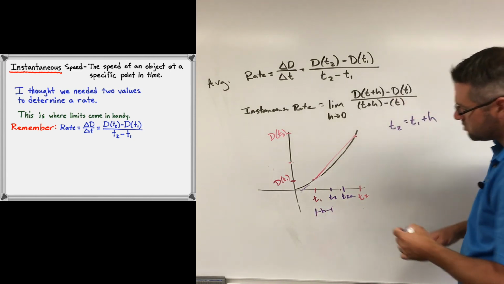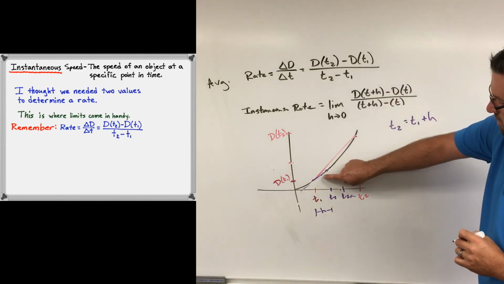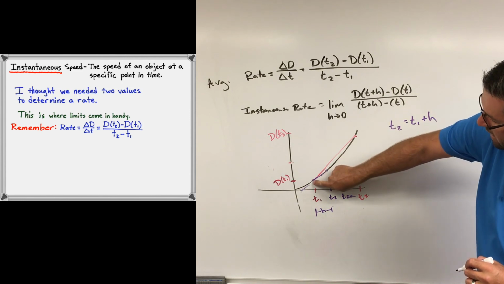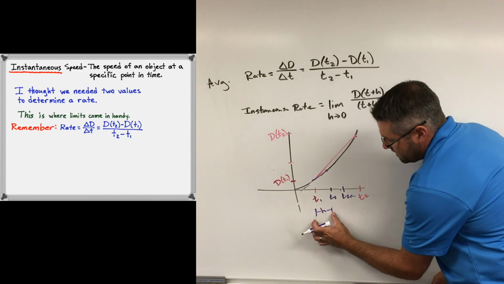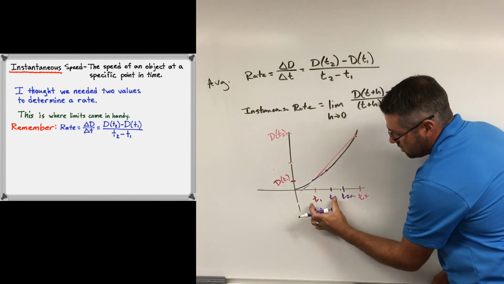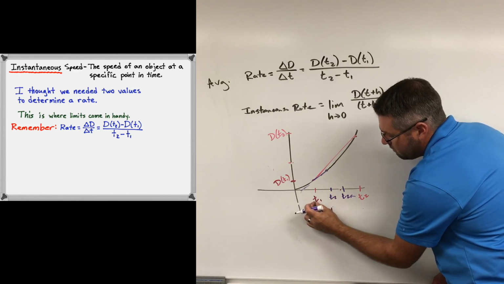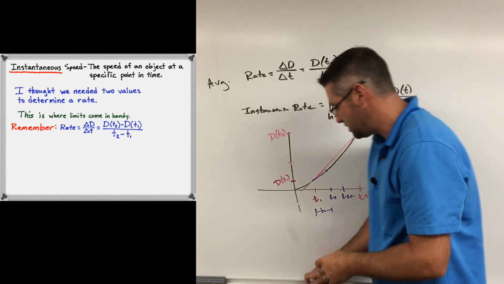And so the rate between those two points is a lot more accurate to the actual rate at that point than the earlier two points were. The idea is that we want this distance to be infinitely small. We want it to be 0 or approaching 0. So what we really want is t2 to be really, really close to t1. And that's why we take the limit as h approaches 0.